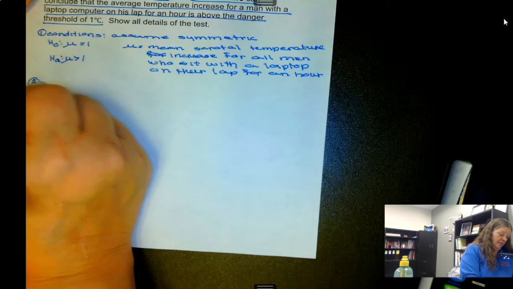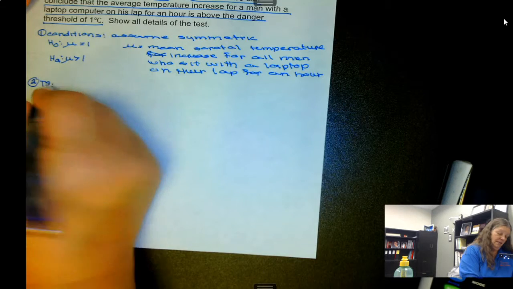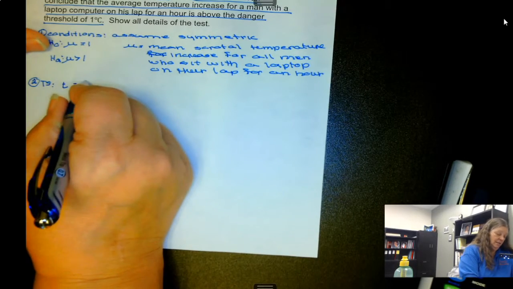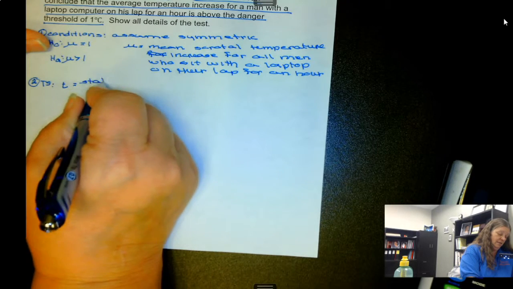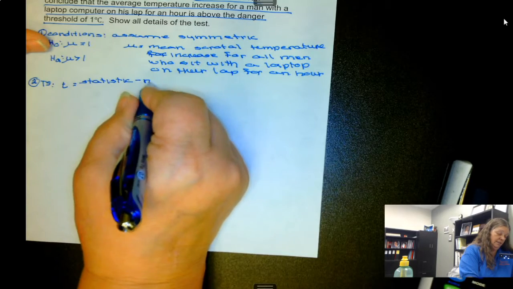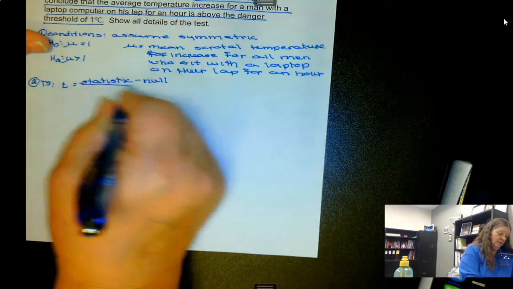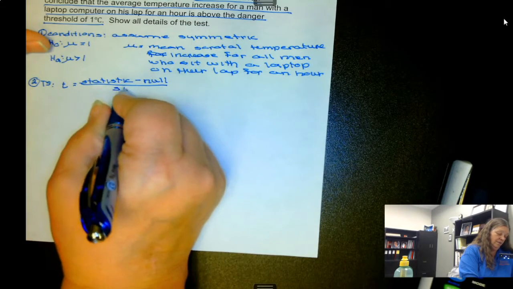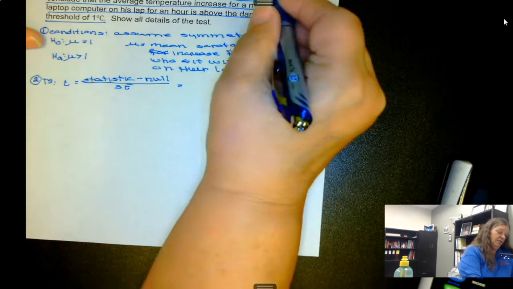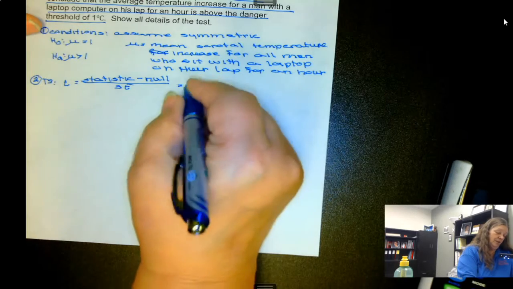Okay, so now we need to find the test statistic. So T, because we're working with a mean, is the statistic minus the null over the standard error. So our statistic is 2.31.